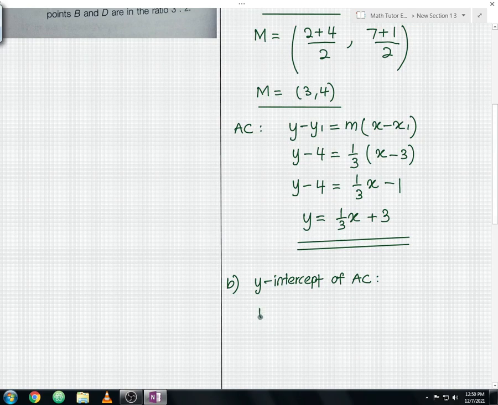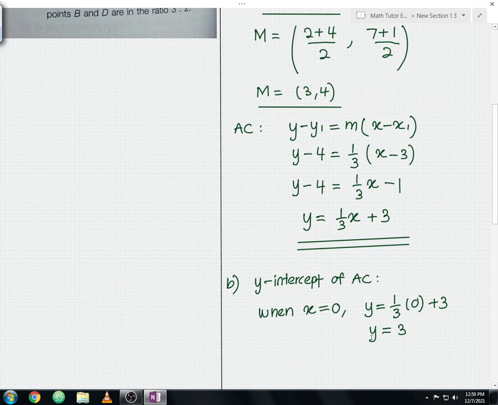So from here, when x equals 0, you should get your y equals 1 over 3 times 0 plus 3. So you get your y equals 3.